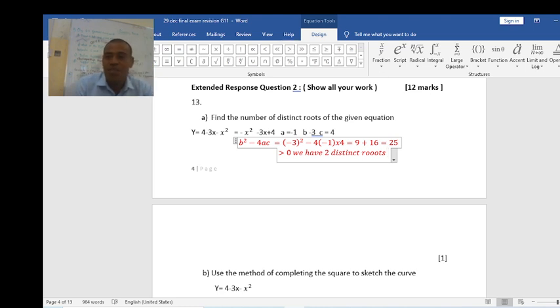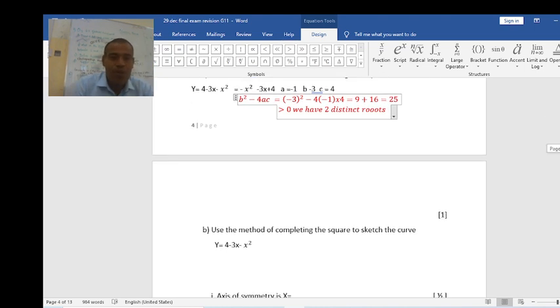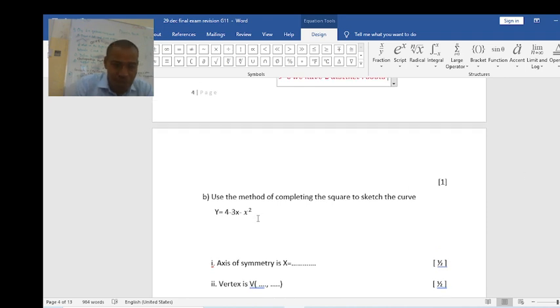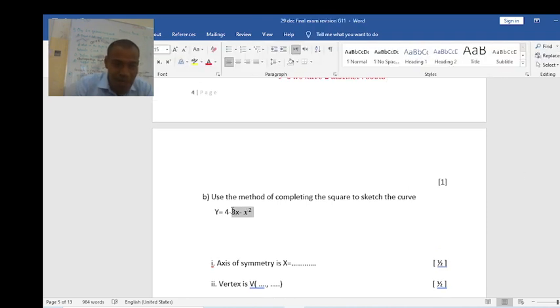Now the question is, try to use the method of completing the square so as to find the axis of symmetry and the vertex. This one, my learners, I will just write it again. I will rearrange it like that. So I will start with equal minus x squared minus 3x plus 4.